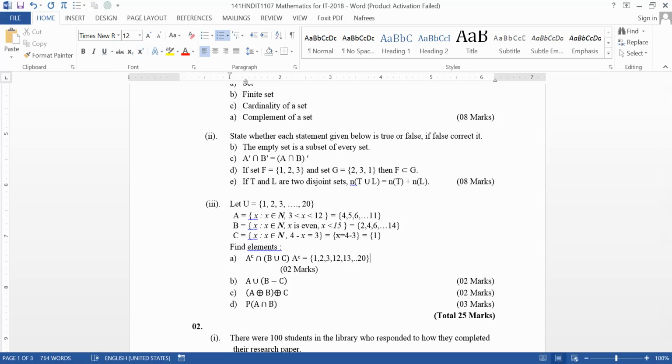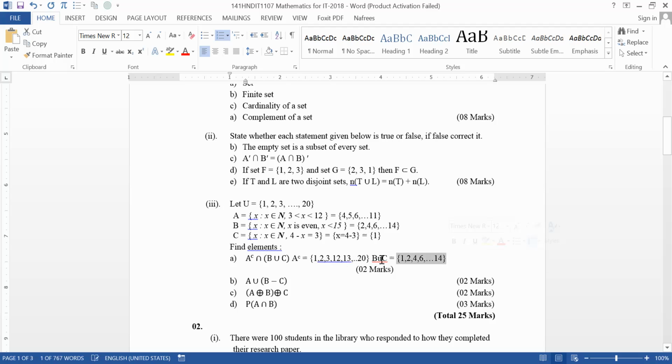Again, you have to find what is B union C. Union means all the elements of B and all the elements of C. Therefore, B union C is equal to 1, 2, 4, 6 up to 14. Now they are asking for the intersection. A complement intersection B union C means the common elements of this one and this one.